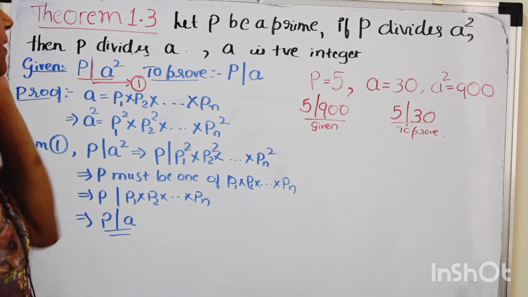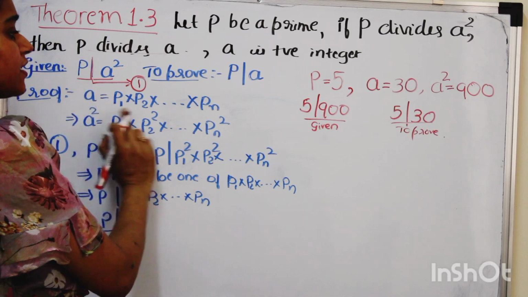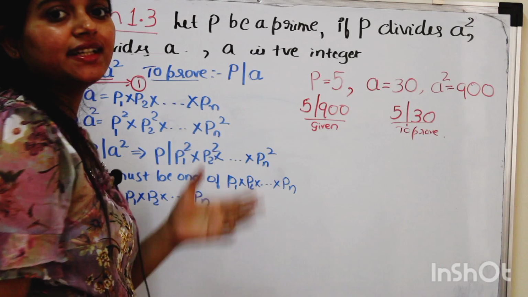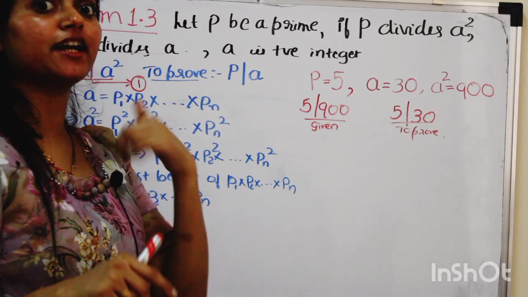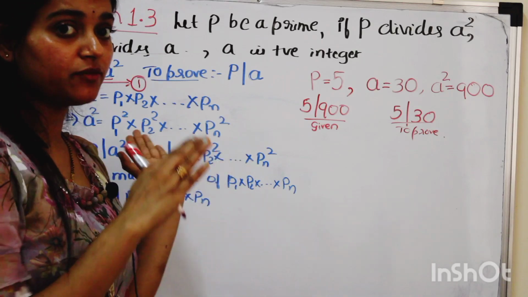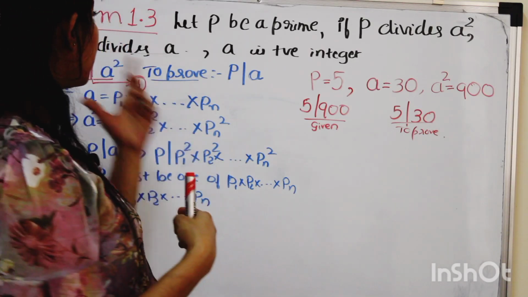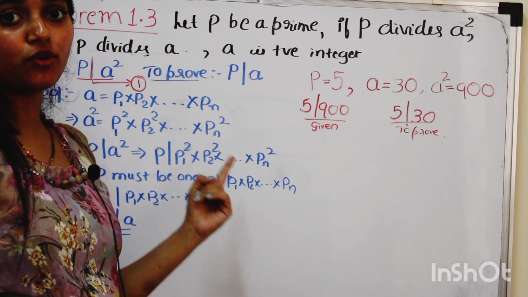Now here they wrote A is equal to P1 into P2 into and so on up to Pn. This is by the fundamental theorem of arithmetic. I told you the fundamental theorem of arithmetic is very important, as it is used in other theorems or any problem. So it is used in Theorem 1.3.